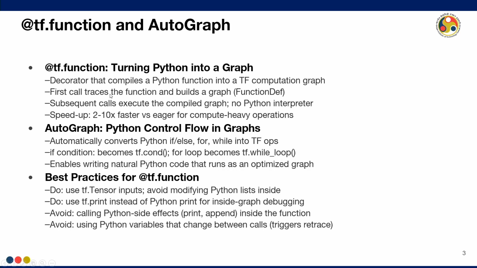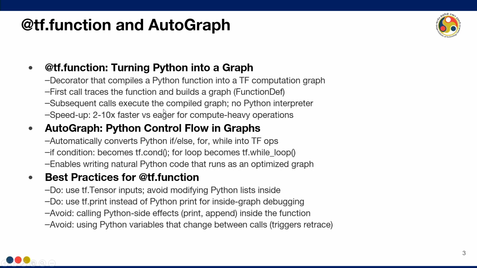But subsequent calls will execute this compiled graph, so no compilation happens again and no Python interpreter is involved in the subsequent calls. That gives you the performance boost. Usually we get 2 to 10 times faster execution than eager mode.